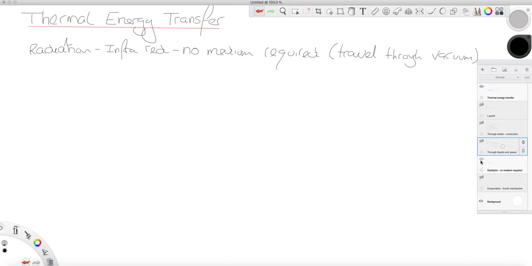Then we have radiation. Radiation, in this particular case, we are talking about infrared radiation exclusively. This is thermal energy transfer. There are other kinds of radiation. You've got ionizing radiation. You've got all the rest of the electromagnetic spectrum, including a couple of ionizing radiations as well.